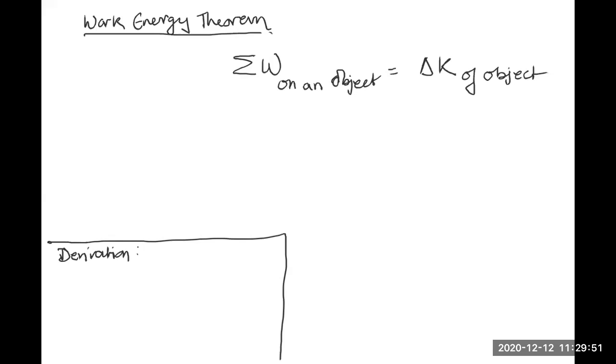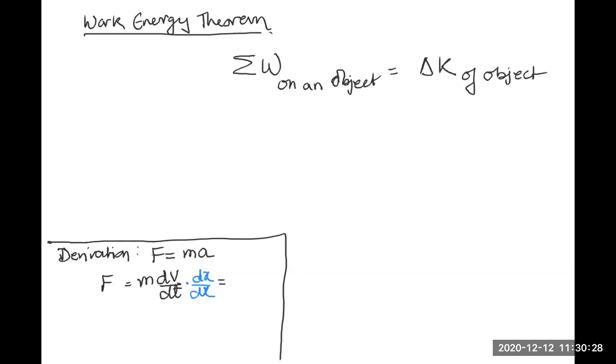डेरिवेशन इसका मैं दिखा रहा हूँ. So we know that F is equal to ma, and I can write F as m dv by dt. And if you remember, I can multiply and divide by the same object, उससे कोई फर्क नहीं पड़ेगा.